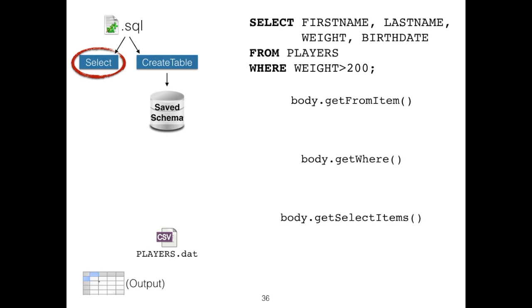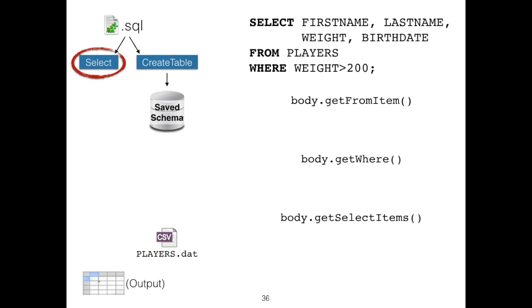Okay, so each of the parts of the select statement, and I showed you that parse tree equivalence earlier, each part of the select statement translates into a relational algebra operator that builds on the other relational algebra operators that you've encountered up to this point.